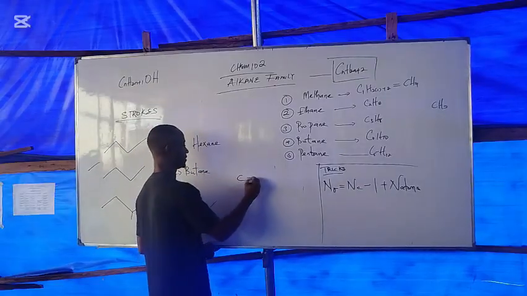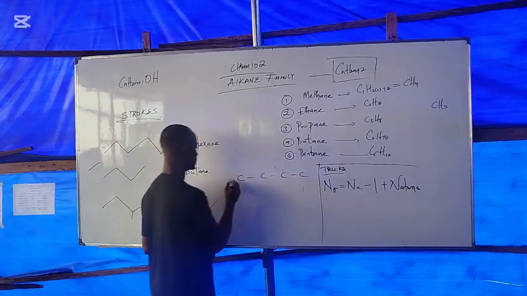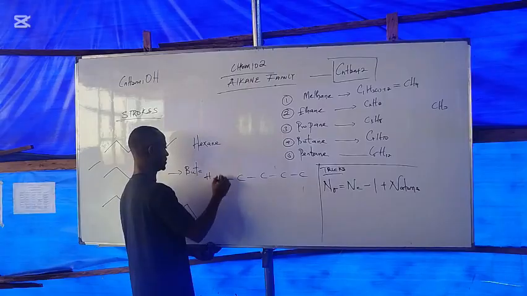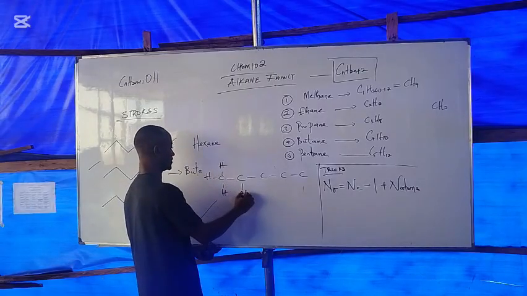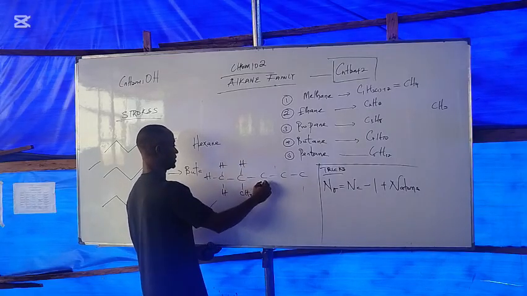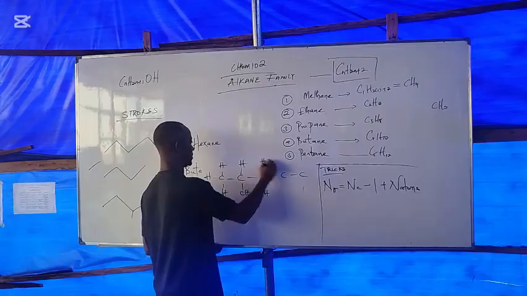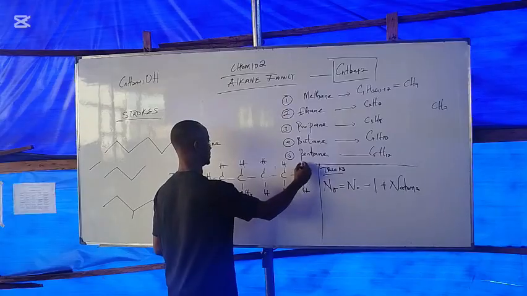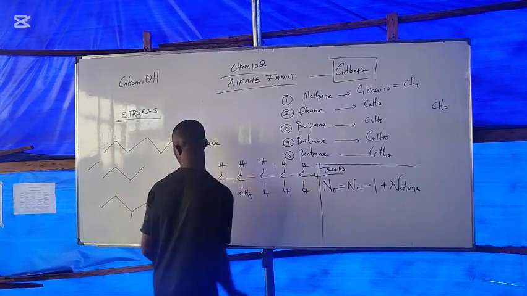Let me use a normal compound. Watch. Let's say we have this to be hydrogen. Here we have CH3. I see the logic now? Here is hydrogen, hydrogen, hydrogen, and so on.